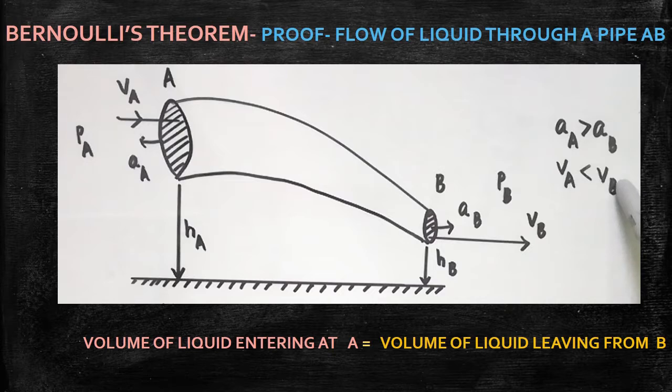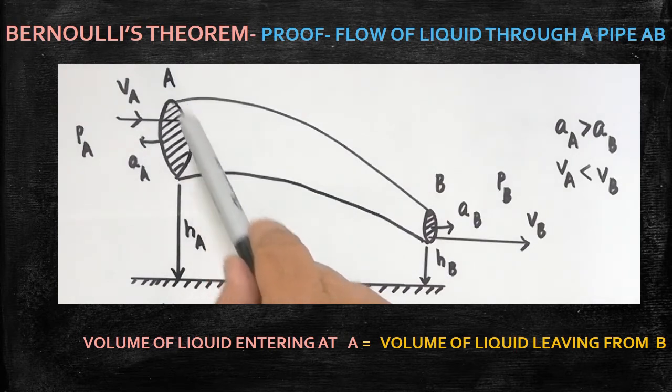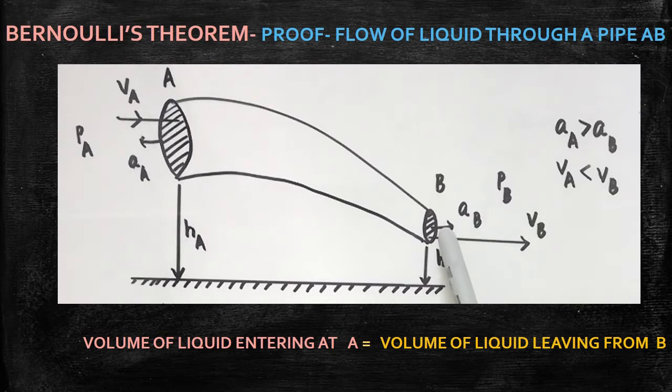And one more thing we have learned: the volume of the liquid entering at A will be equal to the volume of the liquid which comes out from the B end. Are you clear? Some amount of liquid enters the A end, and the same amount comes out from the B end. That is with the help of the equation of continuity, which we have already seen.